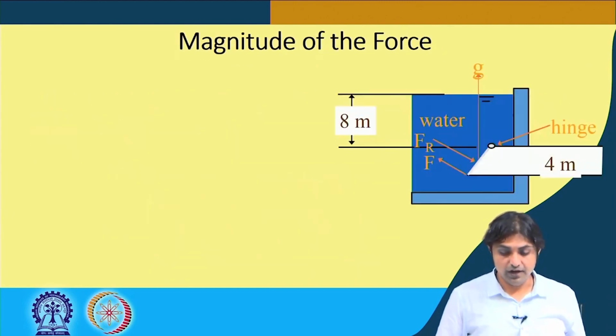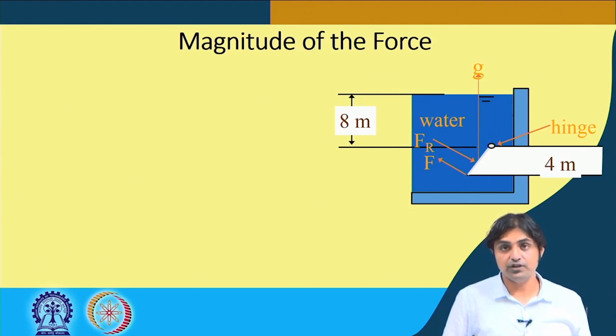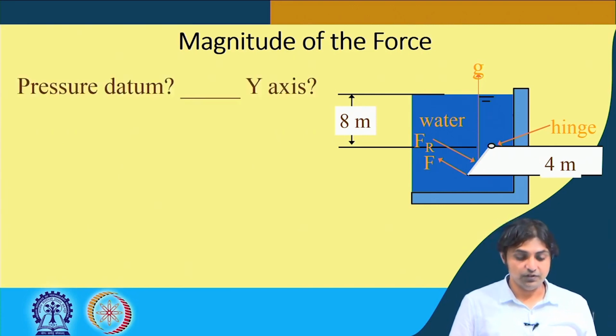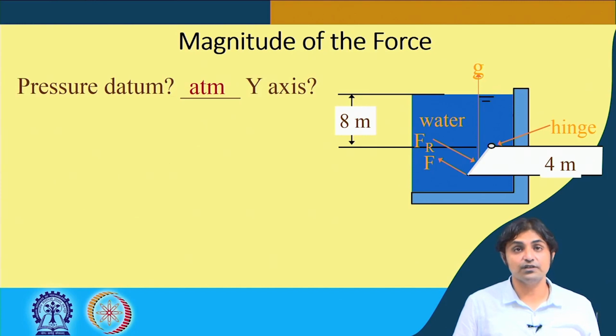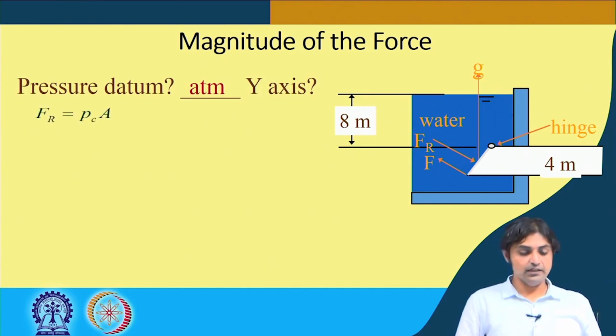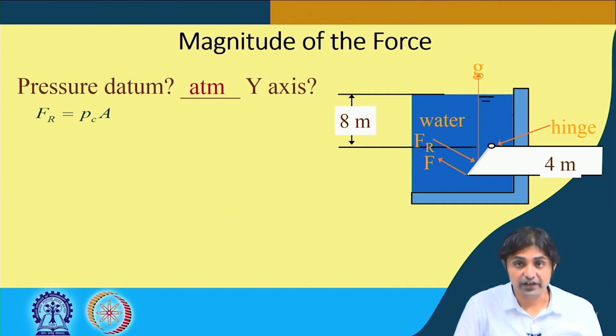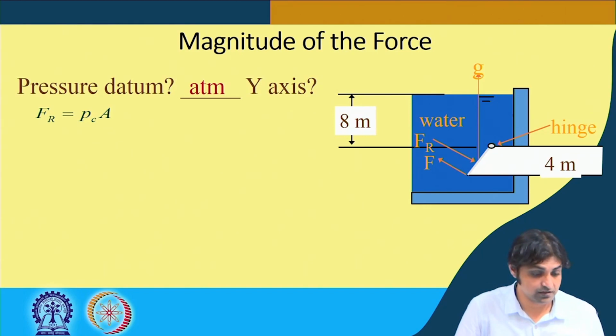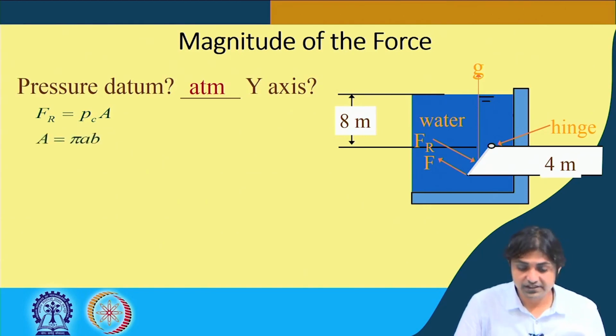Okay, so once you have understood the question, we can proceed with the solution now. I have kept this figure on the right side so that you are able to follow what we are going to do. So what is the pressure datum? This is atmosphere. So the resultant force is going to be the pressure at the centroid times area, that we have seen in the derivation done last lecture. What is the area?